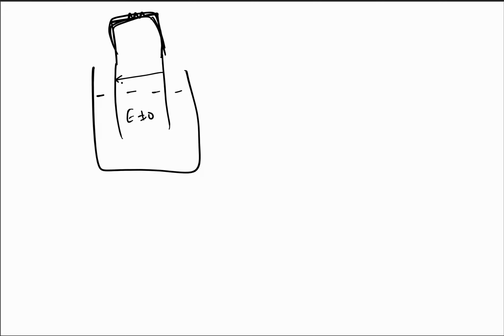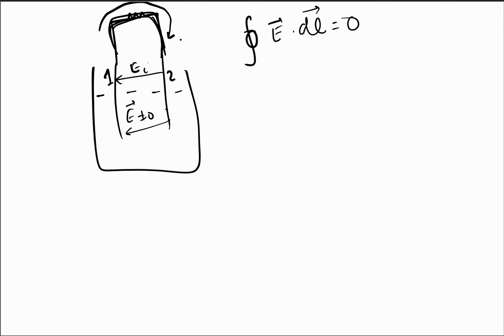But the impressed electric field is just present in the battery and it is not present outside. So we can see that if I write the closed loop integral of E dot dl equal to 0, then we have to integrate this electrostatic field from electrode 2 to 1 inside the battery and then 1 to 2 outside the battery.